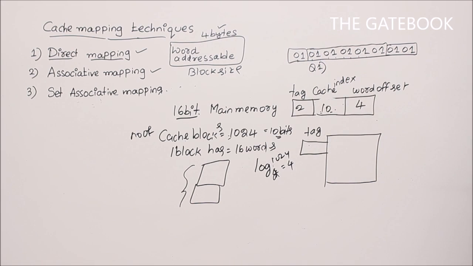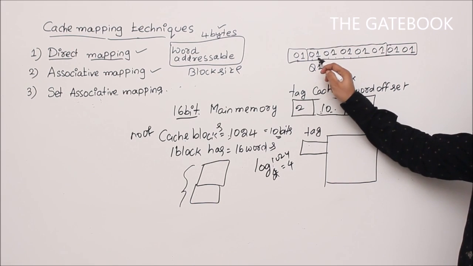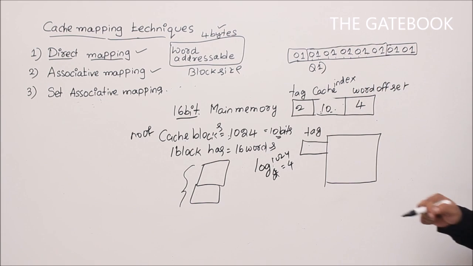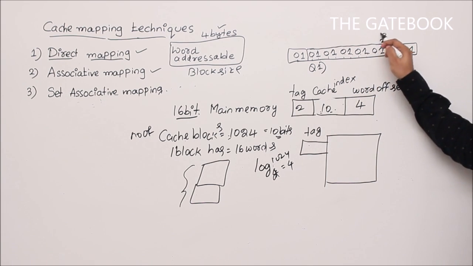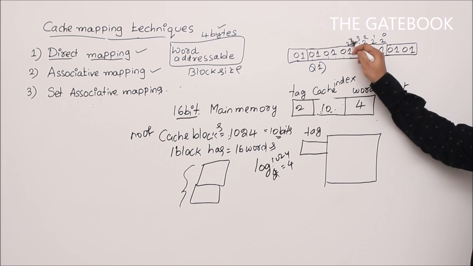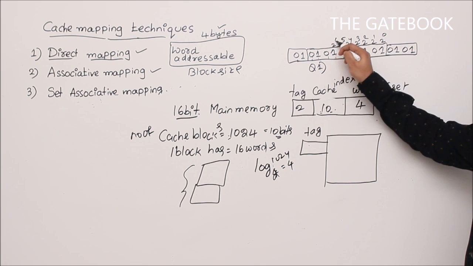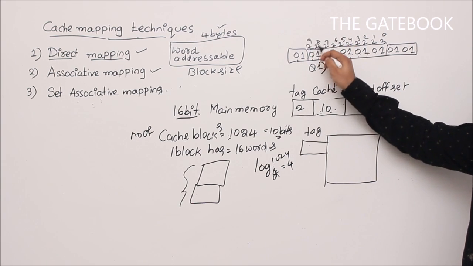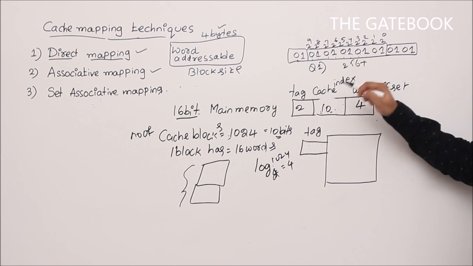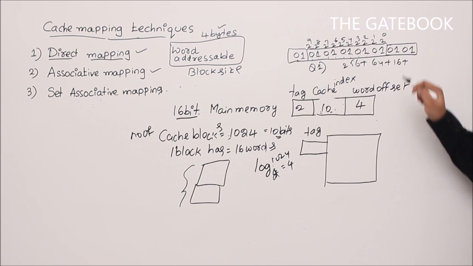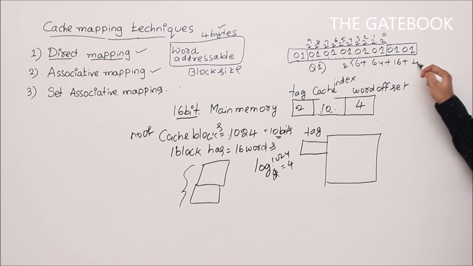So we take 0, 1, 0, 1, 0, 1, 0, 1, 0, 1, which becomes a cache block number. If you see the weightages, 2 power 0, 2 power 1, 2 square, 2 cube, 2 power 4, 2 power 5, 2 power 6, 2 power 7, 2 power 8, 2 power 9. So 2 power 8 into 1 is 256, plus 64, plus 16, then 4, plus 1.